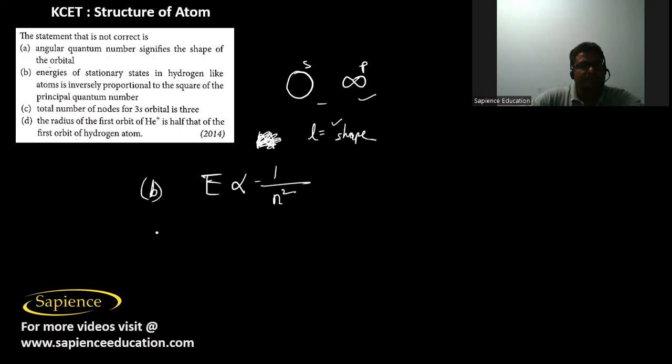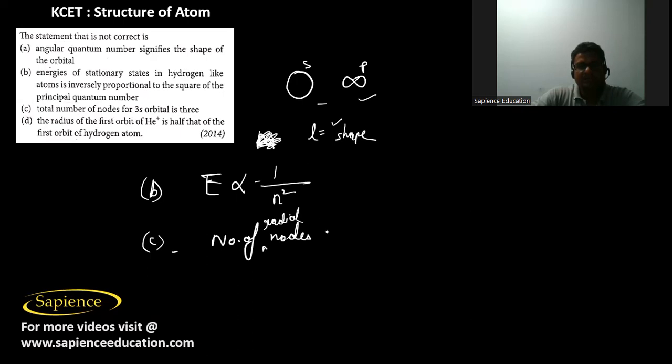Then C: the total number of nodes for the 3s orbital is 3. The total number of nodes is the number of radial nodes plus the number of angular nodes.